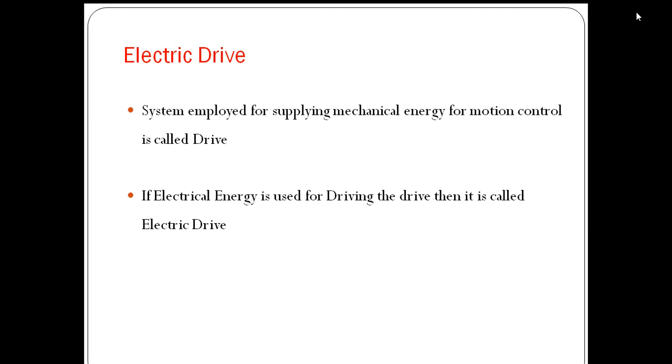This electrical drive system mainly consists of an electrical motor, its power controller, and an energy transmitting shaft. Electrical drives are mainly of two types: DC drives and AC drives. These drives are provided by DC motors and AC motors respectively.